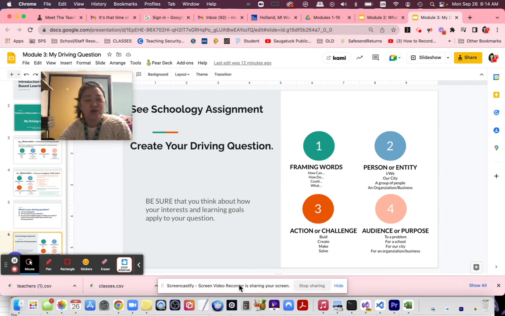Again, it should have these four stages of your driving question, as far as framing those words, making sure it has a person or identity, like how can I or how can we, and then have some actions or challenges, create or encourage or make or solve this certain problem for a certain purpose, whether it's an audience at large, like a school or city or young people, or my community, or if it just solves some problem. So, again, take a look at these, make sure that your question is in fact a question, and then go to Schoology and you will see your assignment.